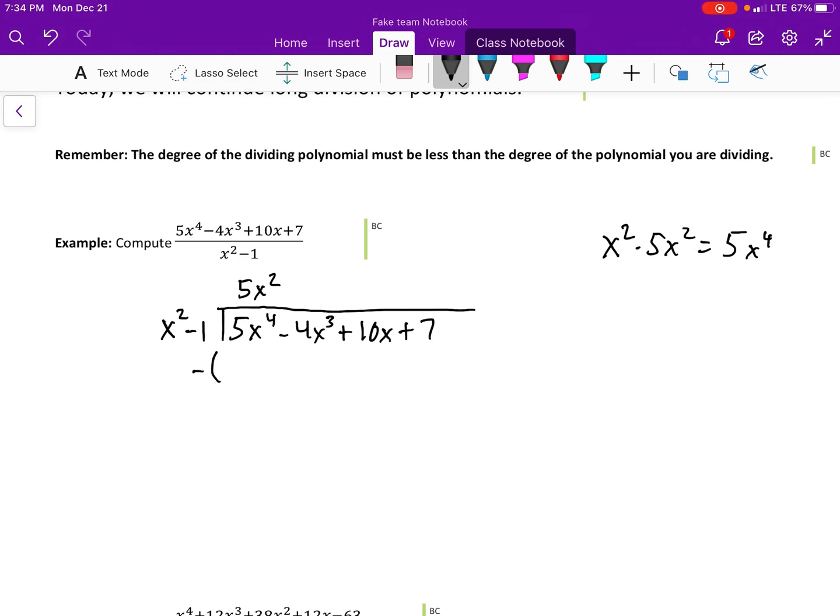Now remember, by default, we are always subtracting. So 5x squared times x squared is 5x to the fourth power. And now remember, we also have to multiply 5x squared by this second term, minus 1. So 5x squared times negative 1 is minus 5x squared.